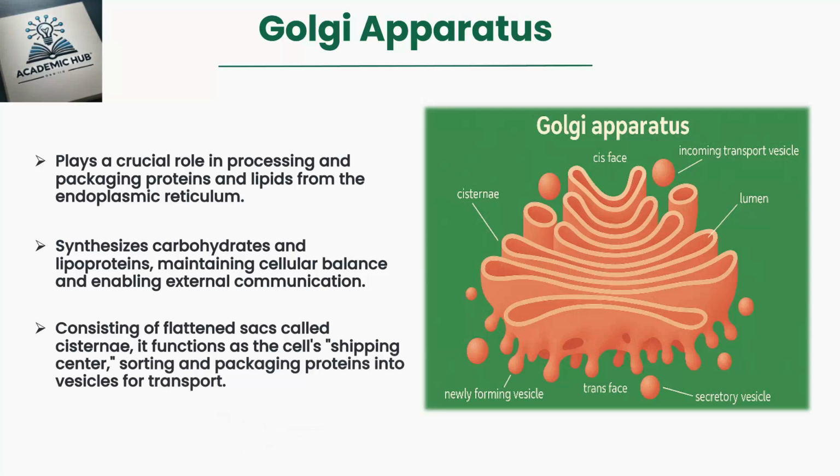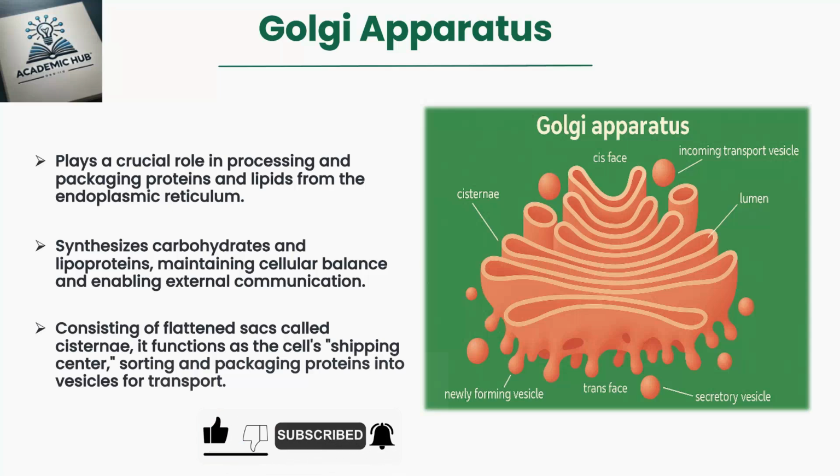In synthetic biology, researchers aim to create artificial Golgi systems to produce valuable proteins for medicine. For example, artificial Golgi in biopharmaceuticals: scientists are developing bioengineered Golgi systems to produce therapeutic proteins like insulin and antibodies.